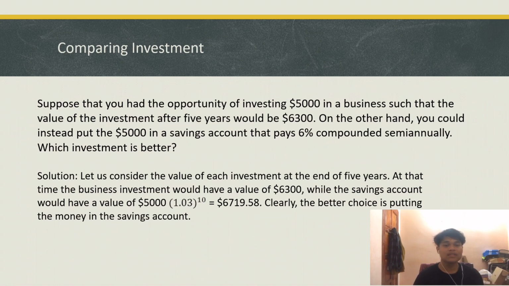So we get $6,719.58. Clearly the better choice is putting the money in the savings account, because the rate would make the investment grow a little bit greater than the business investment. Yeah, that's why. Thank you.